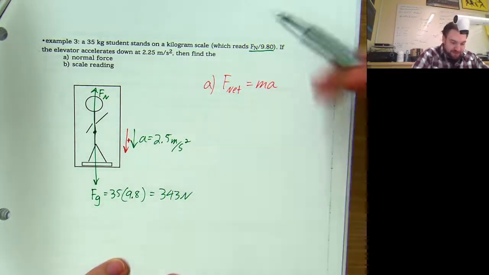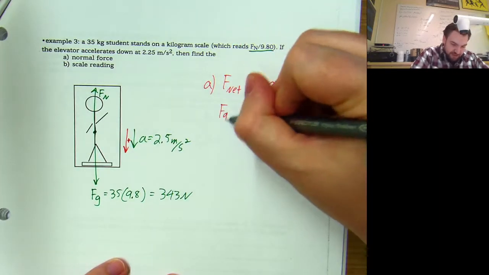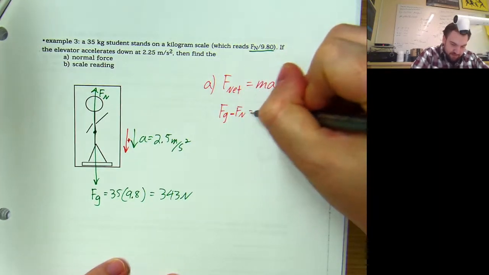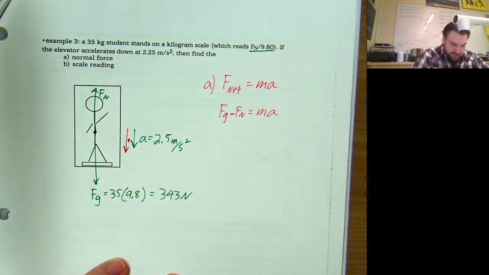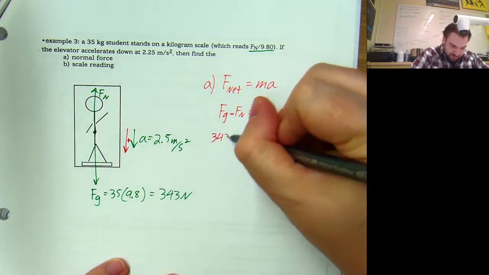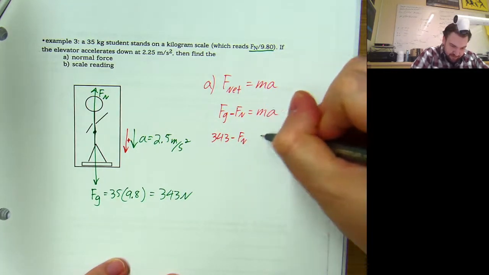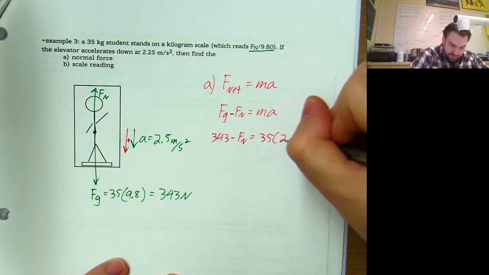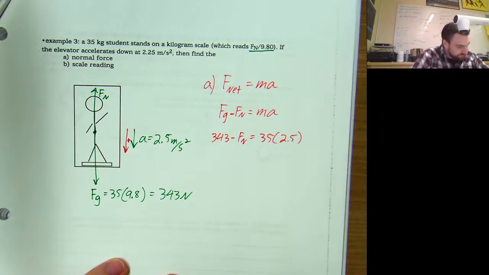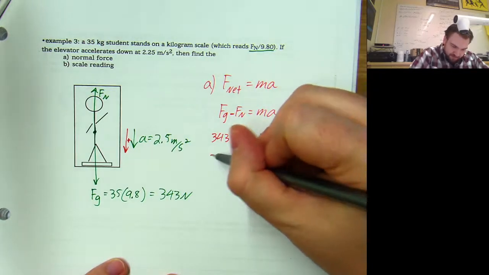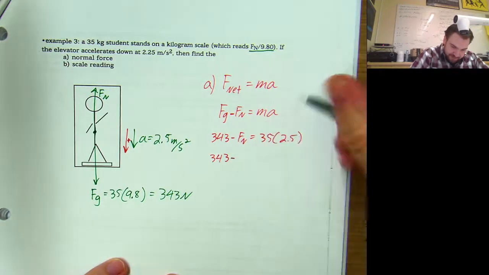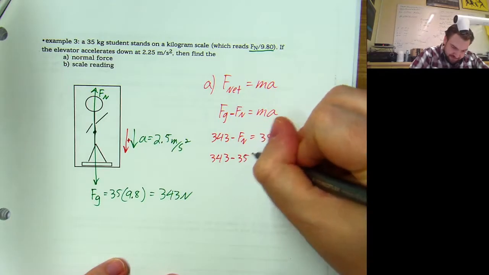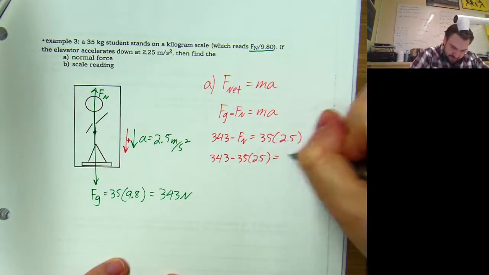We said downwards was positive, so this is going to be Fg minus Fn equals the mass times the acceleration. So 343 minus Fn is going to equal the mass, which is 35, times 2.25. So 343 minus 35 times 2.25 is going to equal Fn.